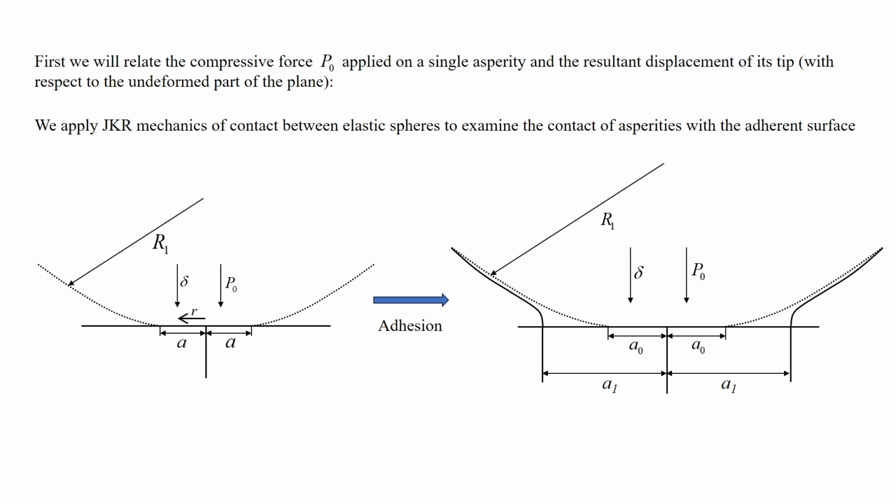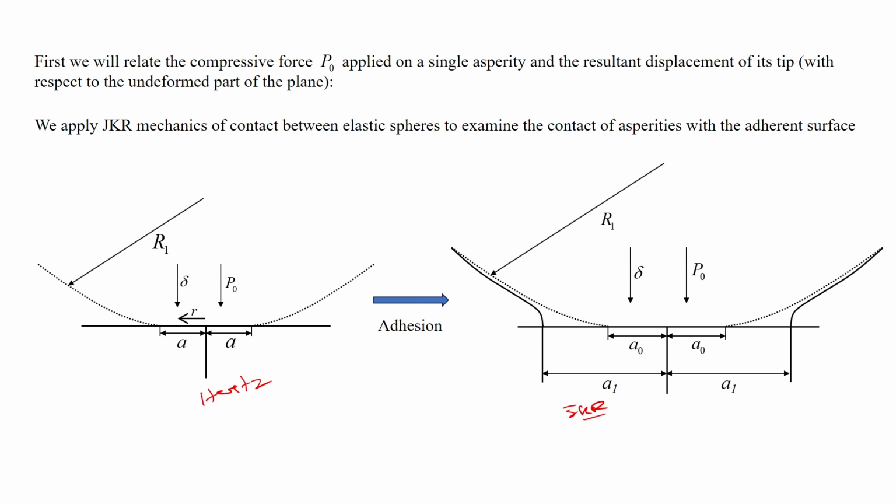So, the contact between this asperity and the top surface can be described using the JKR model that we have done earlier. Here it is the Hertz model that we presented in a previous lecture, I think 21, 22, 23, and this is of course the JKR model.